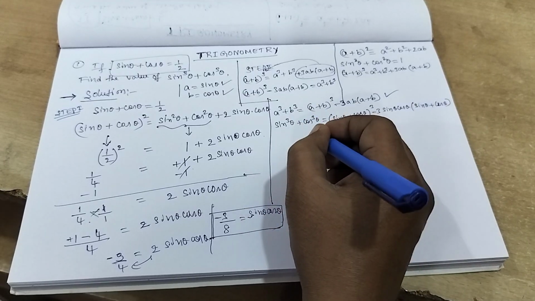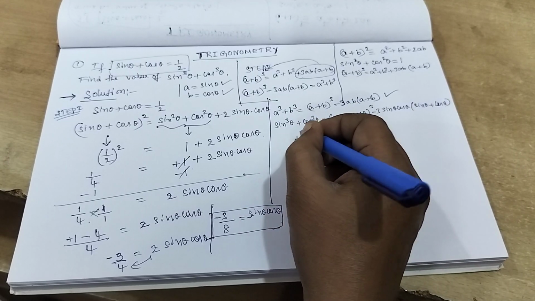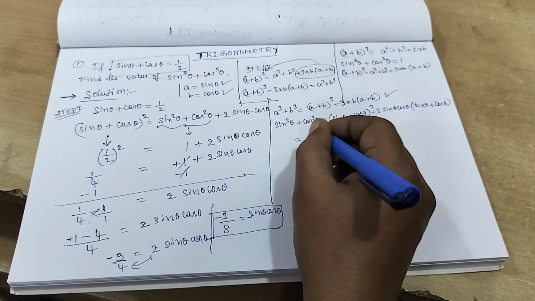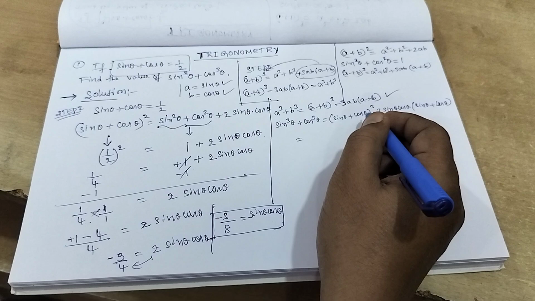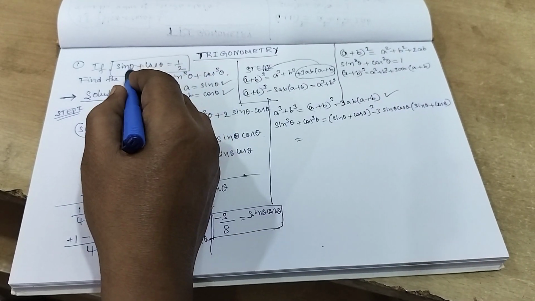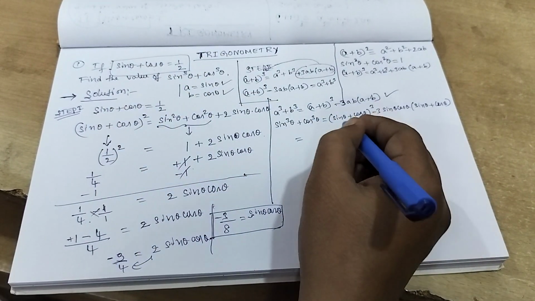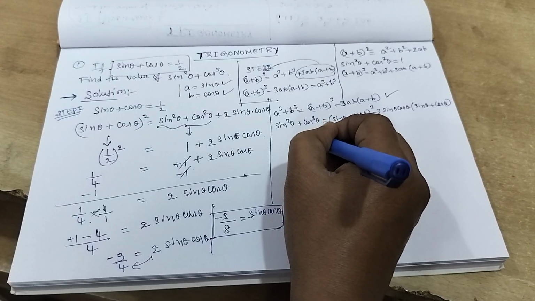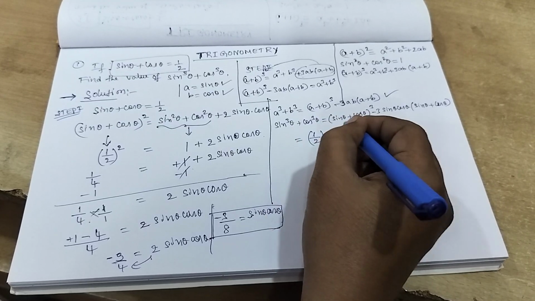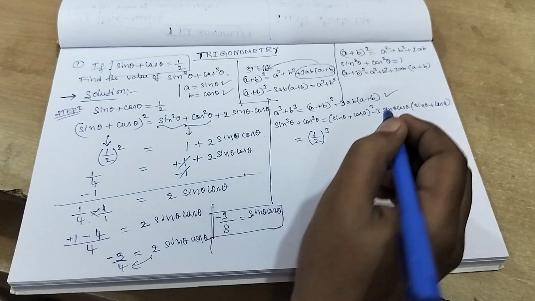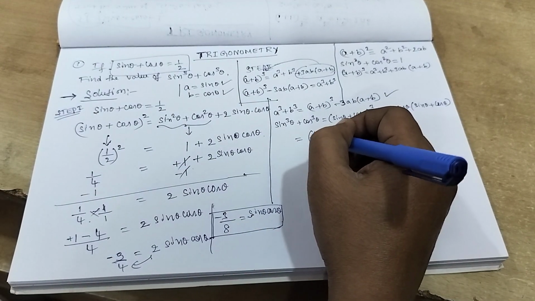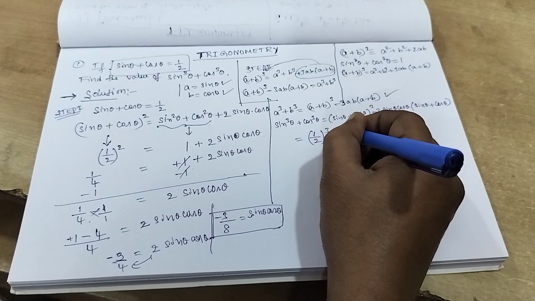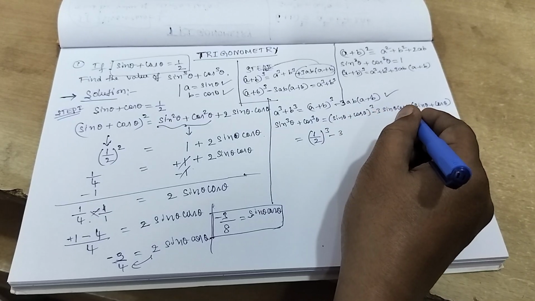Now the next step is very clear. Sine cube theta plus cos cube theta is equal to, and sine theta plus cos theta is given in the question. Sine theta plus cos theta is nothing but 1 over 2. So I'm going to write 1 over 2 whole cube. I am just replacing sine theta plus cos theta with 1 over 2. Then 1 by 2 whole cube, then minus 3 sine theta cos theta.